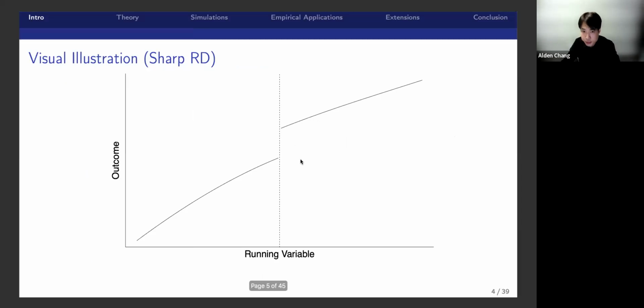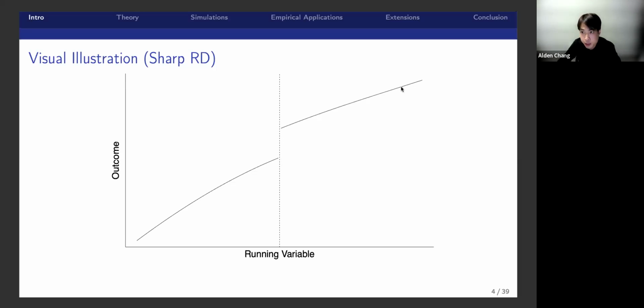If we go back to this figure here, this left curve coincides with the conditional expectation function of y0 as a function of x, the running variable. What we really want to know is whether, if we cross the threshold, this CEF of y0 evolves continuously.